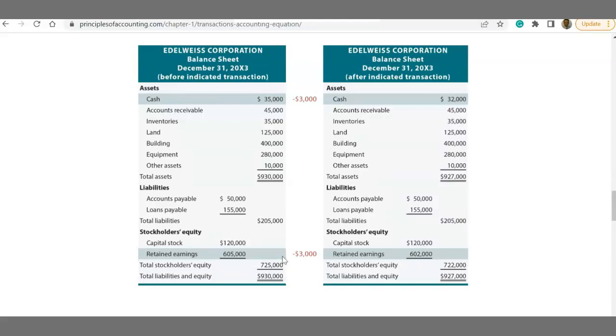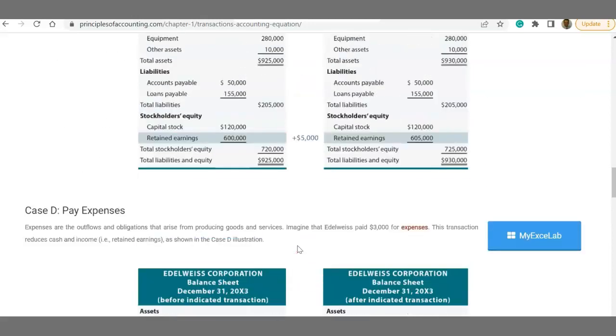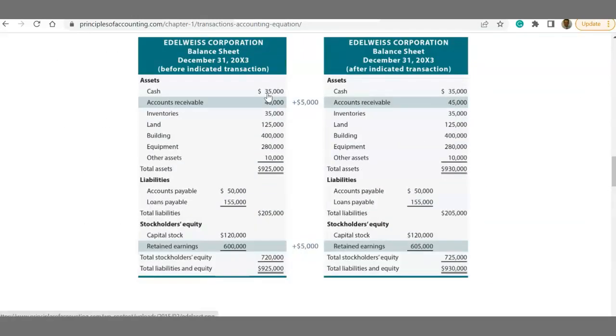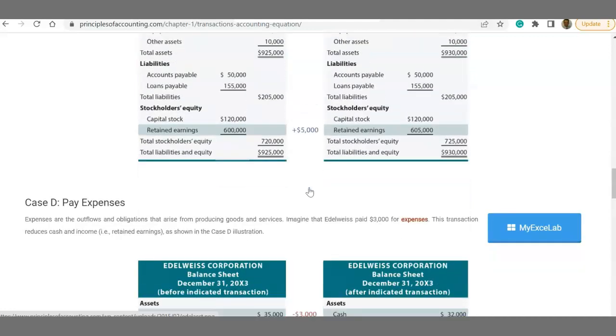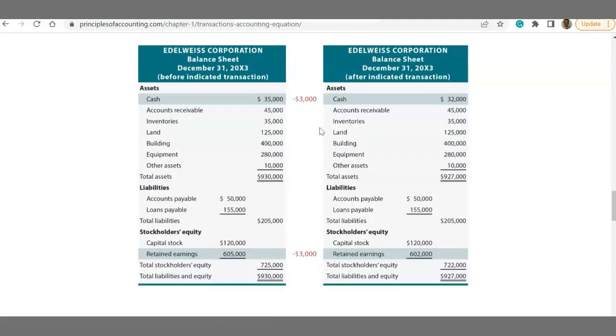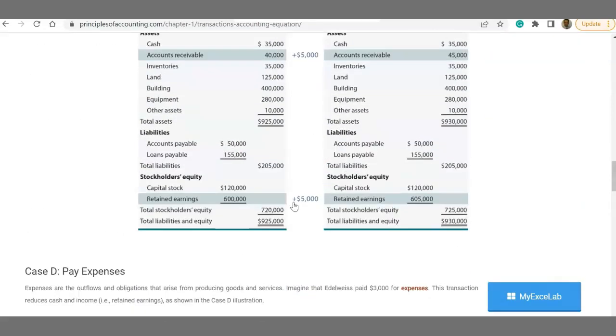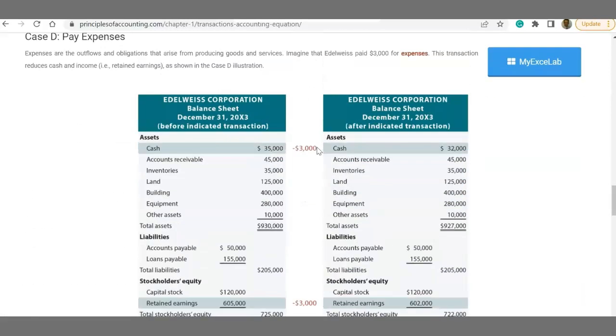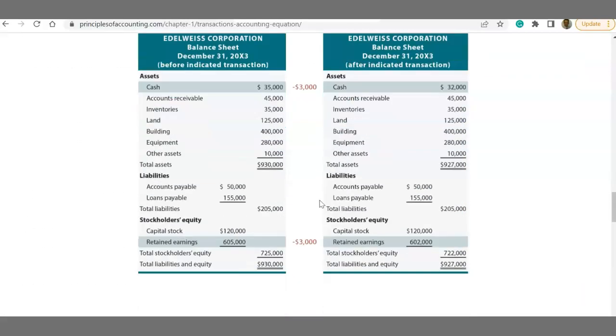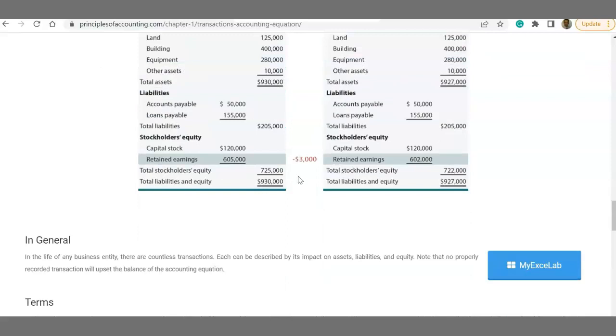But if you remember, previously we had $5,000 revenue. So your revenue of 5,000 minus 3,000 means your net income at this point is 2,000. If someone asks what the net income is, I say net income is $5,000 revenue minus $3,000 expense, so net income is 2,000.